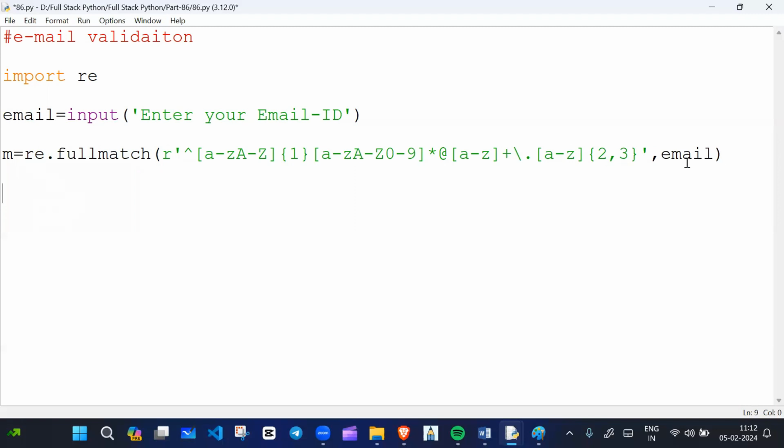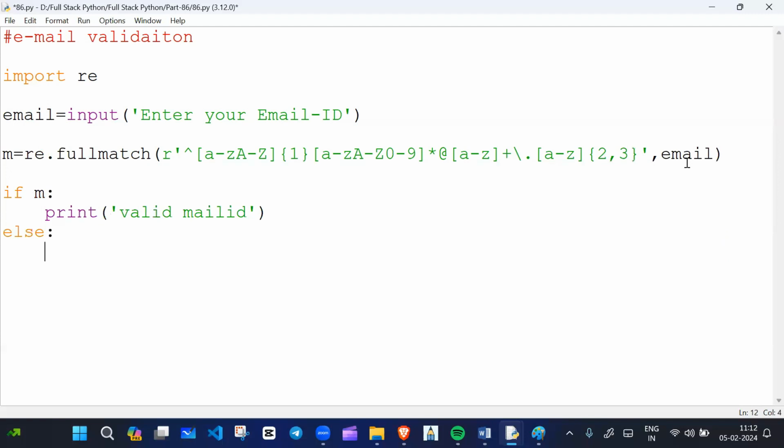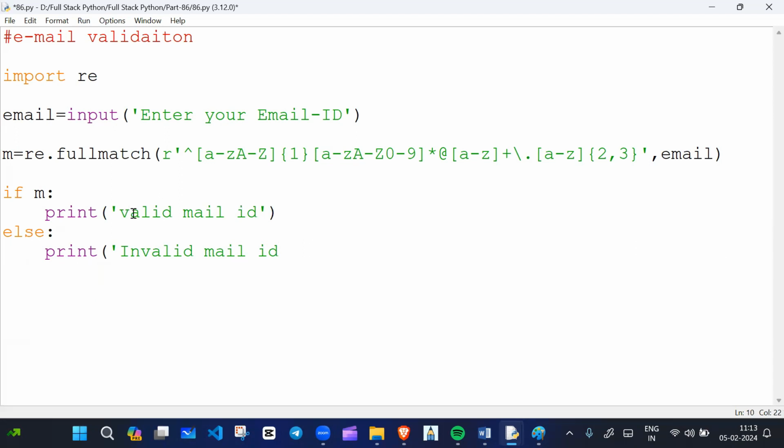If it is matched, this is True. So we will print here valid mail ID. Else, we will print invalid mail ID.